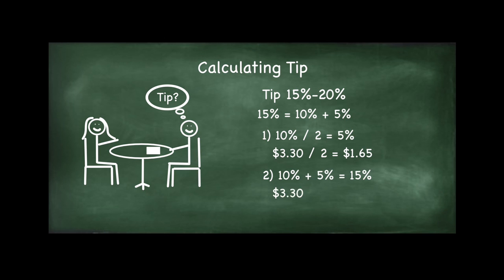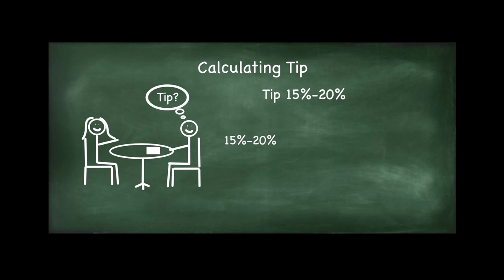Thus, 15%, which is 10% plus 5%, is equal to $3.30 plus $1.65, which equals $4.95. Therefore, if your bill is $33, you should tip between $4.95 and $6.60.